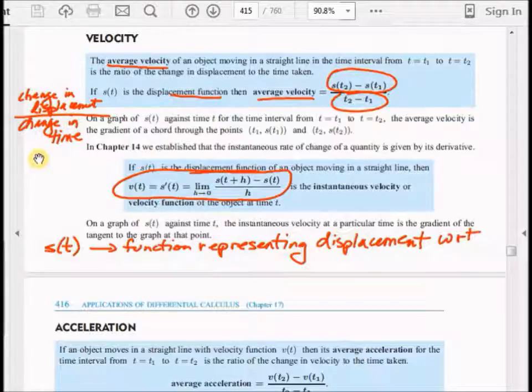I'll just use WRT for with respect to time. Now, velocity, v of t, is the derivative of that displacement function, and it is the velocity function.